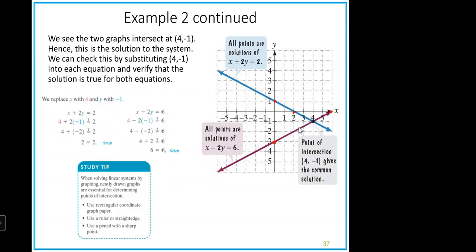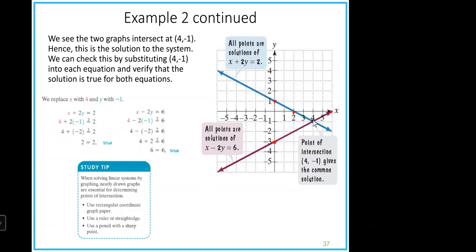And so let's see what the study tip says. When solving systems by graphing, neatly drawn graphs are essential for determining the points of intersection. And you see, when I was using the screen of my tablet to draw, because the ruler kept sliding, you couldn't get an accurate graph.